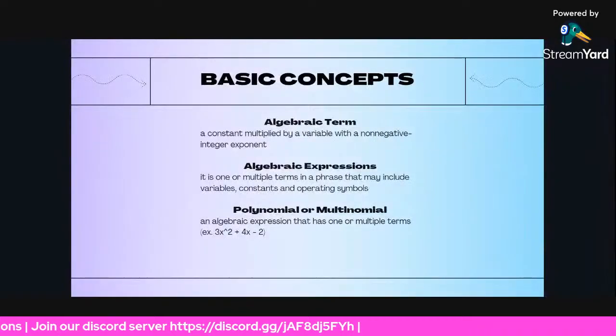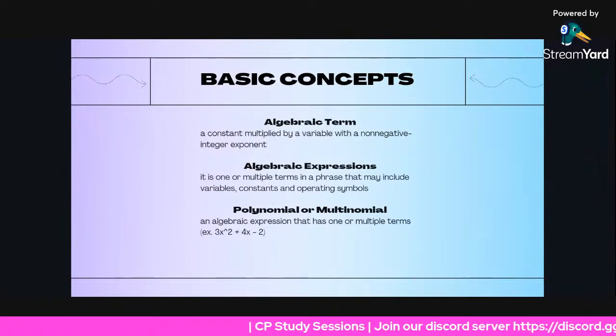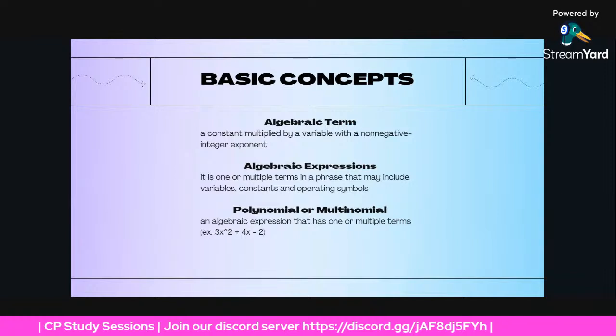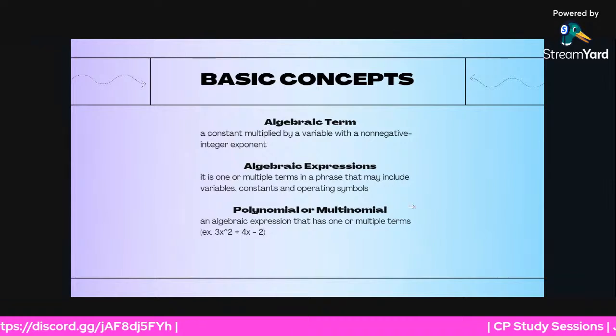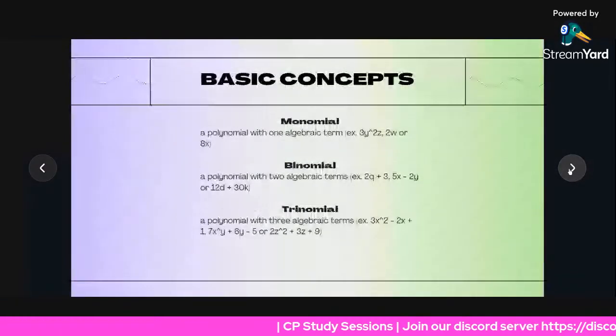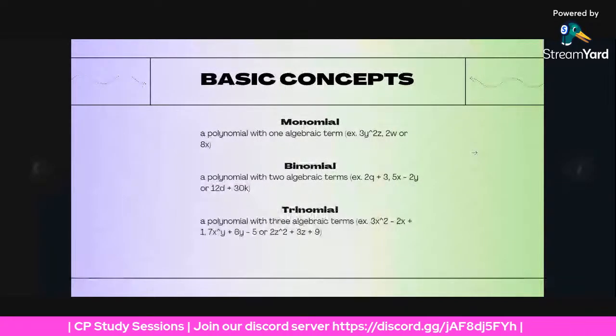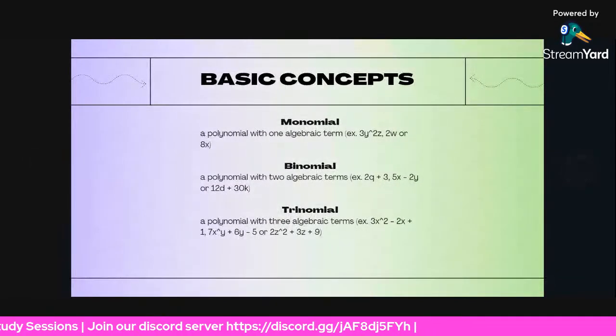Next is polynomial or multinomial minsan. An algebraic expression that has one or multiple terms. So, yung polynomial, meron pa yang distinct na classifications. Ang polynomial kumbaga is a general term. So, as I said kanina, meron pa tayong classifications for every polynomial.